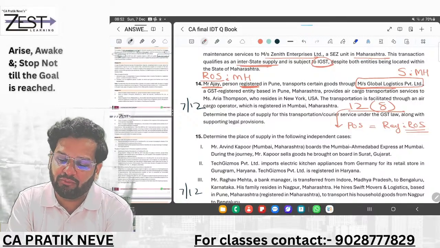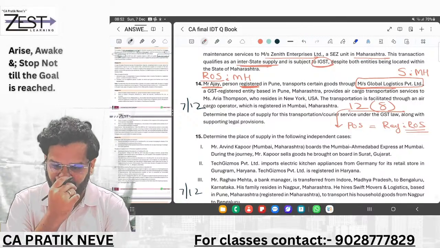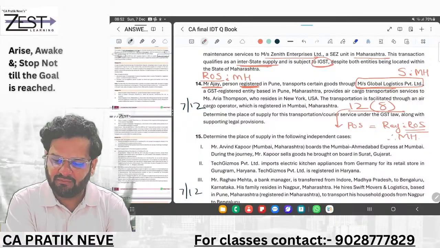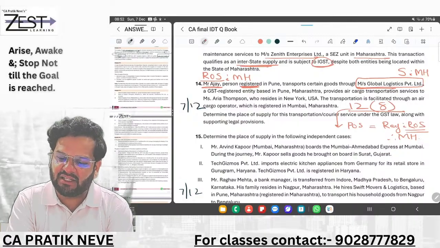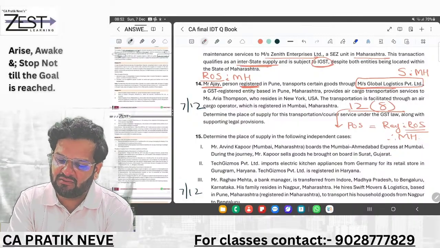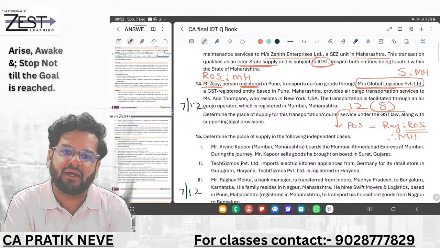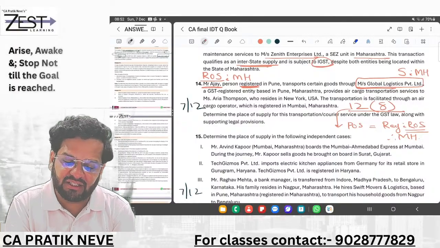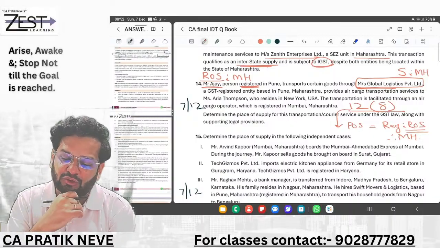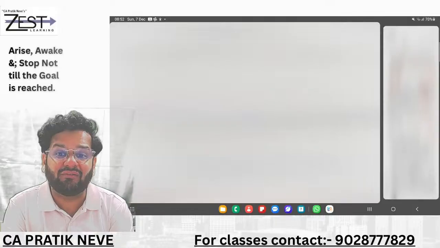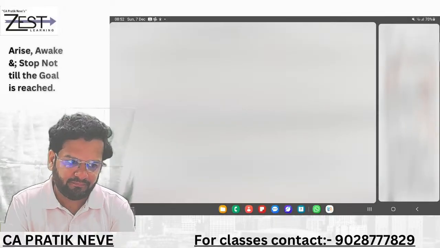So it is going to be Maharashtra. Clear? LOS Maharashtra, POS Maharashtra. There will be CGST plus SGST. It is immaterial that the goods are transported outside India. That is the provision of 12.8.